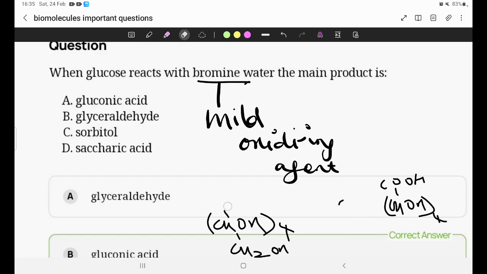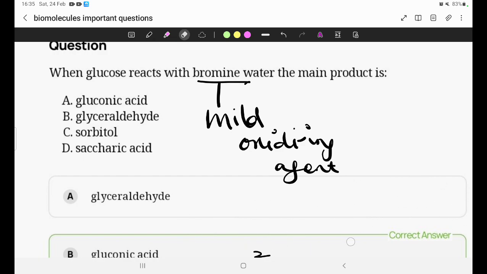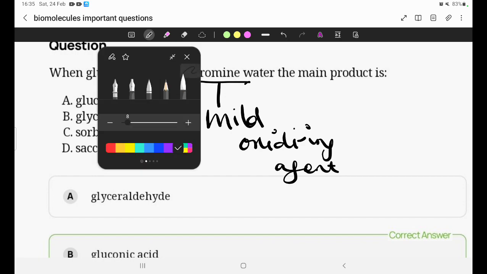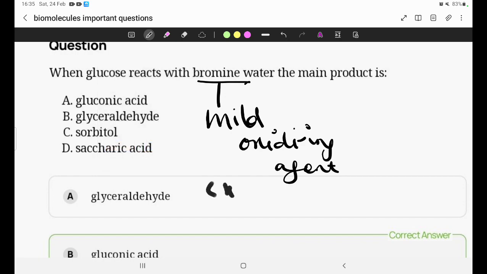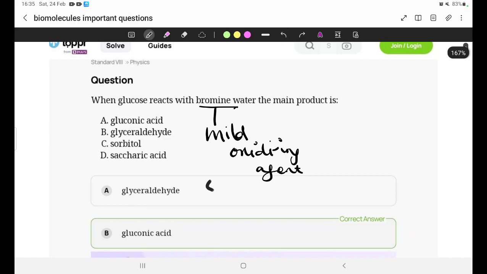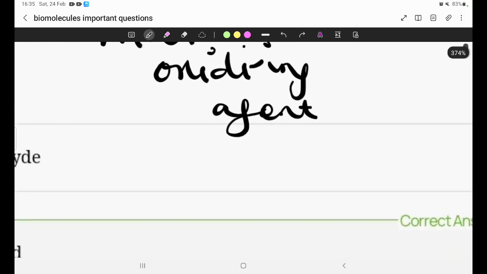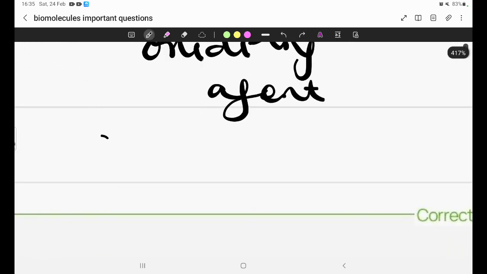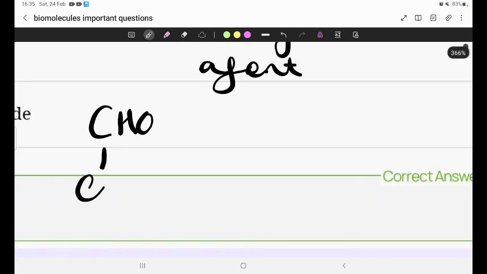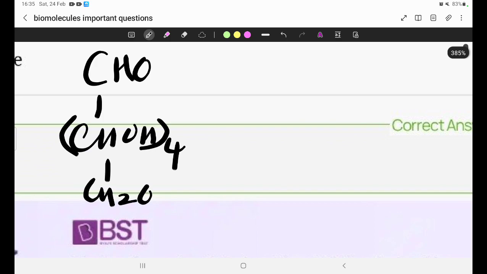Let me write it properly. So imagine we have CHO, CHOH the whole 4, and CH2OH.